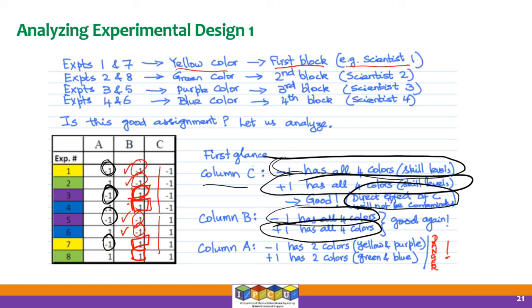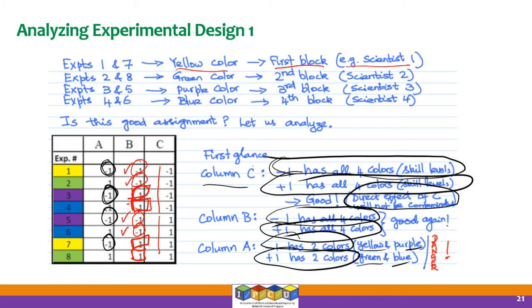When it comes to column A, -1 has only two colors and +1 has two colors. Specifically, -1 has yellow and purple, while +1 has green and blue. That means people of two skill levels get to do experiments where A is equal to -1, and people of the other two skill levels get to do experiments where A is equal to +1.